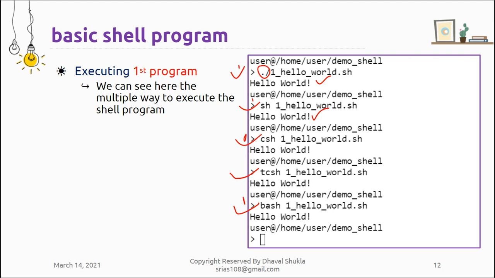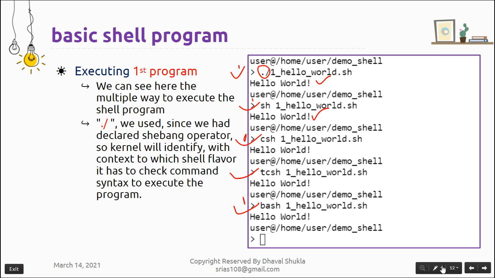But when we write a complex program, at that time we need to stick to the particular shell flavor in which we are writing the program. So we should know the commands and syntax related to that shell package, or shell flavor.